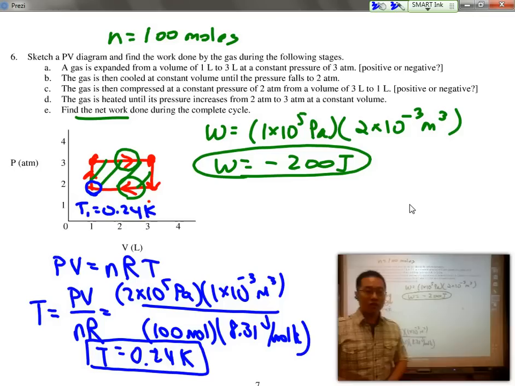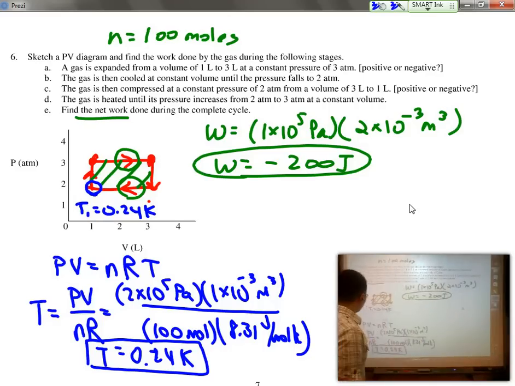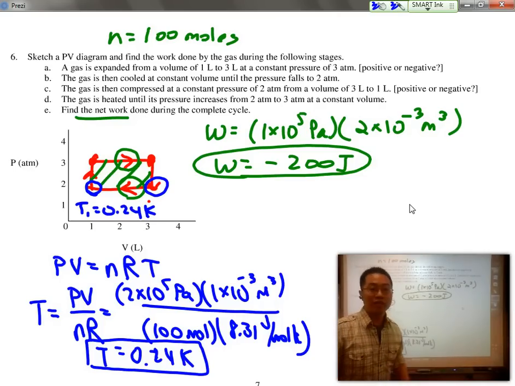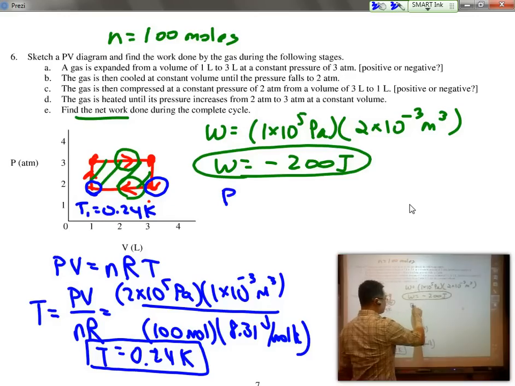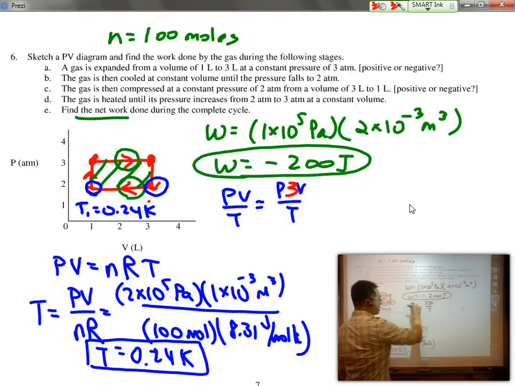Now using the combined gas law, we should be able to figure out what's happening to the temperature at each location. If you were to solve for the temperature at this location, we know that the volume has tripled. That's PV over T equals PV over T. The volume has tripled, but the pressure stays the same.